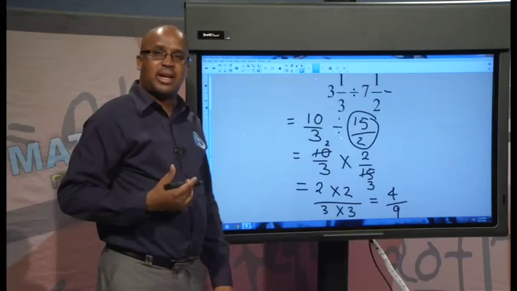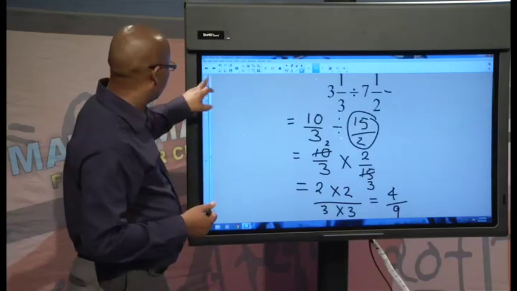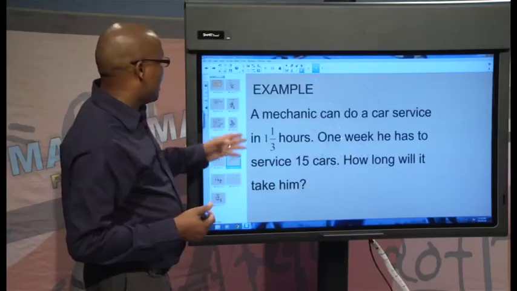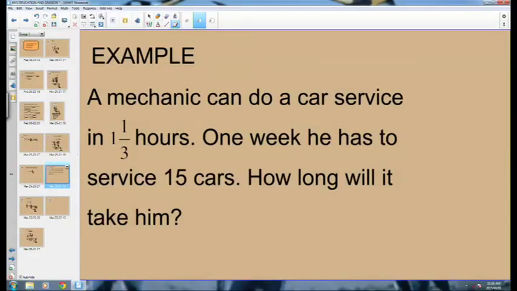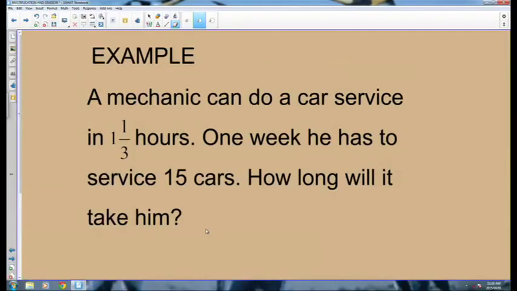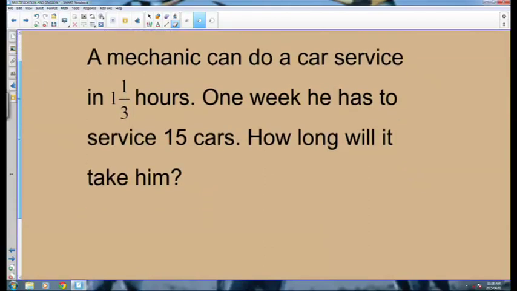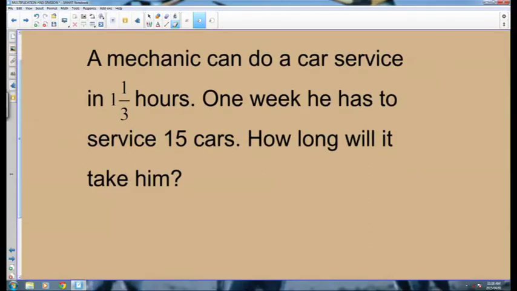Let us have a look at another example. Another example is this. It says a mechanic can do a car service in 1 1/3 hours. In 1 week, he has to service 15 cars. How long will it take him to service these 15 cars?